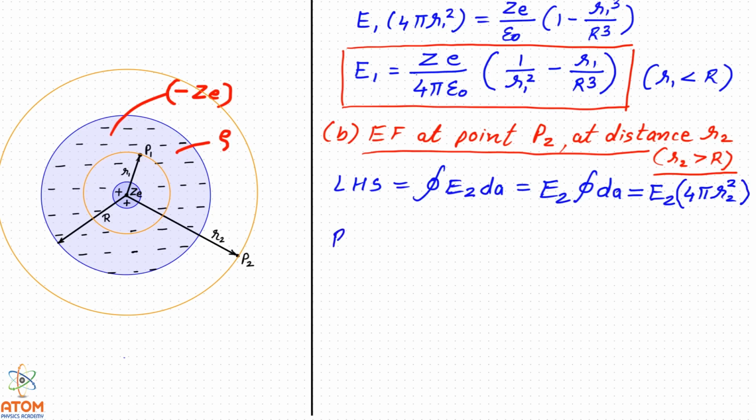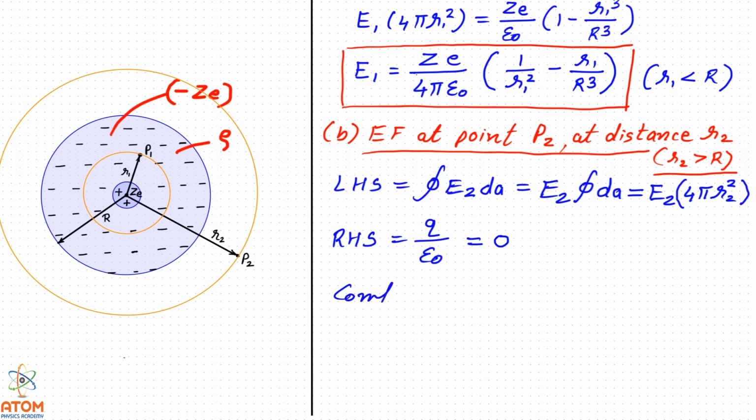Now the right hand side of the Gaussian equation is q upon epsilon 0, but the q is the total charge inside this Gaussian surface. Now the whole atom is inside this Gaussian surface, and as a whole the total charge of atom is 0. That's why q will be 0 and the whole right side will be 0.